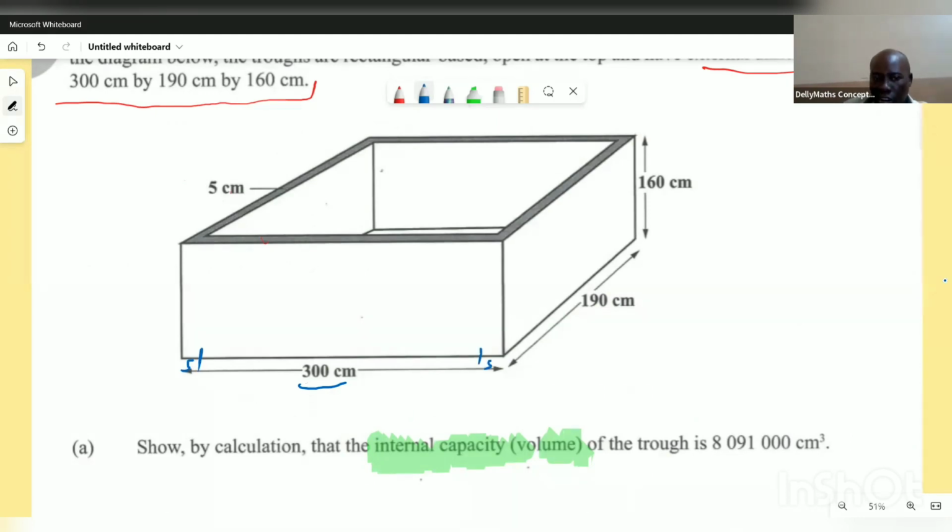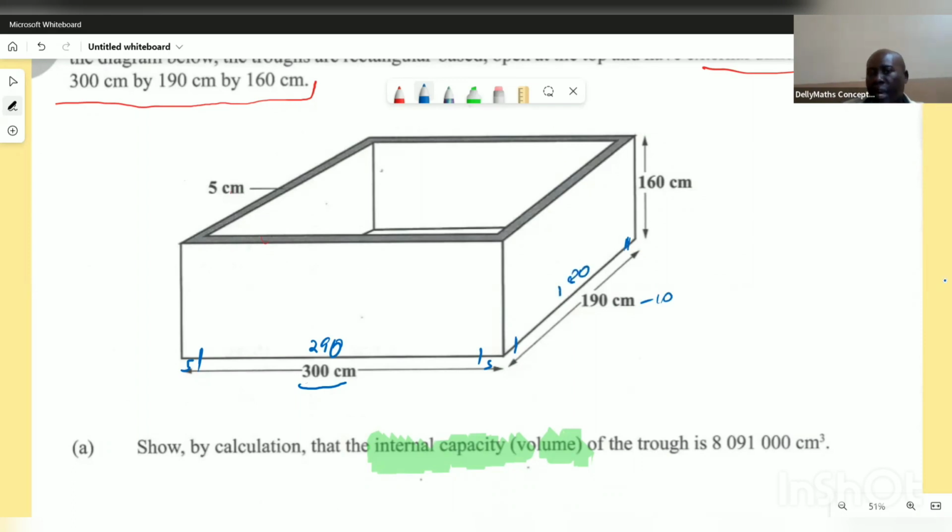So the internal dimension for that would be 290. From the 190, taking 5 from this side and 5 from the other side will ultimately take 10, so this is 180.